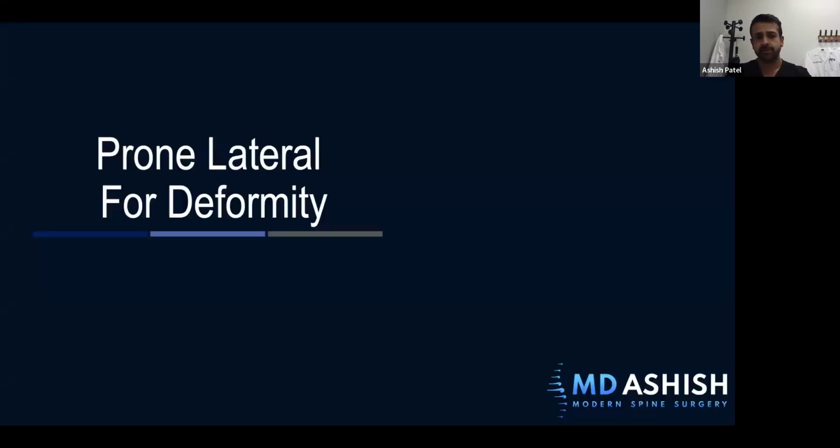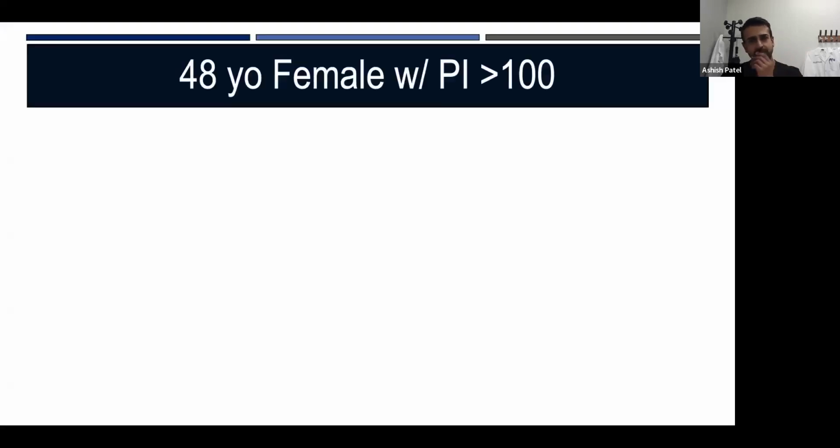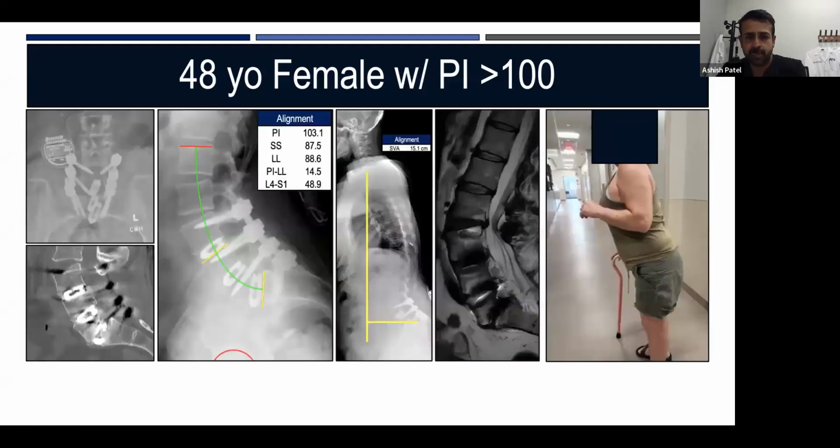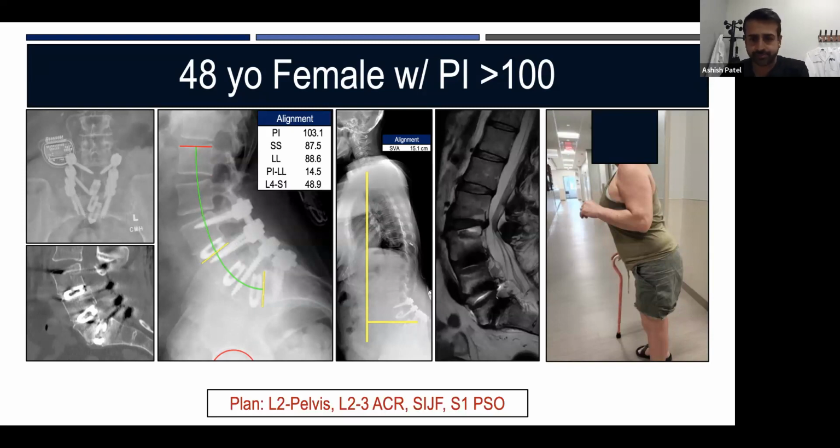And I want to get back to the case that we presented earlier, which was that 48-year-old female. I think we all realize that there needs to be some sort of osteotomy conducted in the distal lumbar spine, right? And that L23 disc, it's almost on its way out. Probably needs to be addressed, but everything else above that looks pretty reasonable.